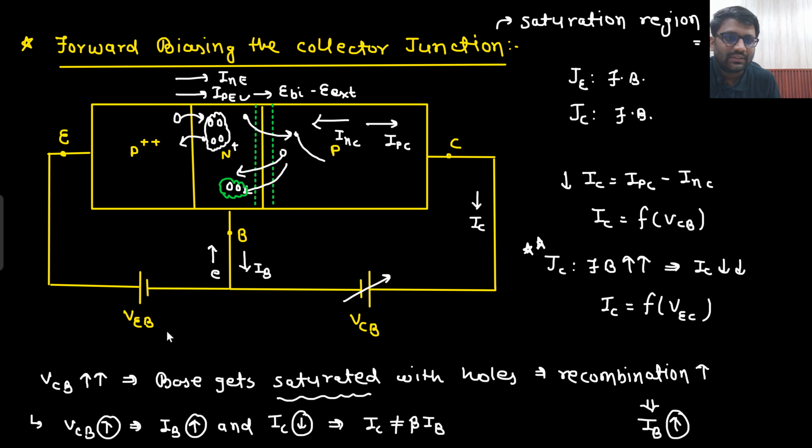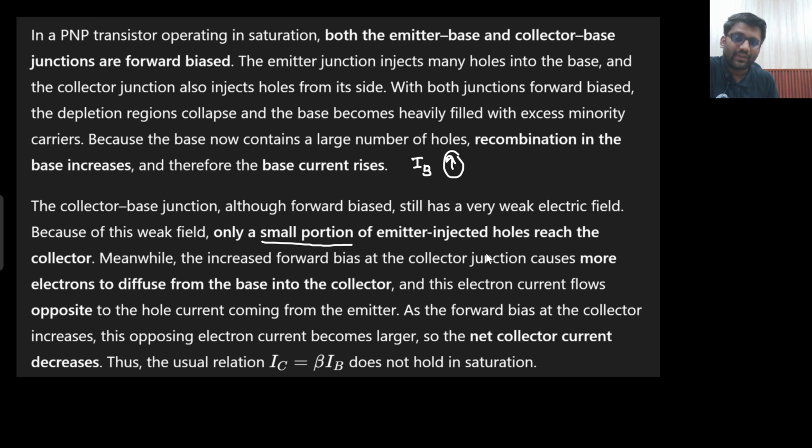This value is not changing, as it depends on VEB. Previously in the active region, if 4 holes were reaching the base, 3 of them were going into the collector, but now from 4 holes, only 1 hole will go into the collector. So fewer holes are going into the collector, right? I hope it is clear to you, because of this forward bias. So a very small portion of emitter-injected holes reaches the collector.